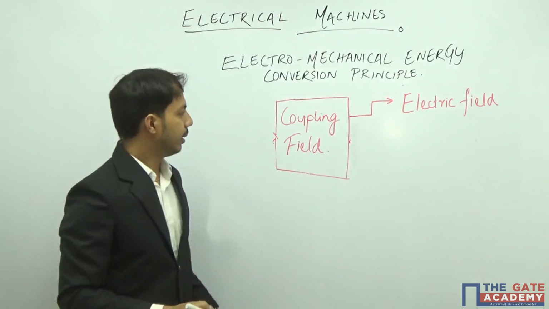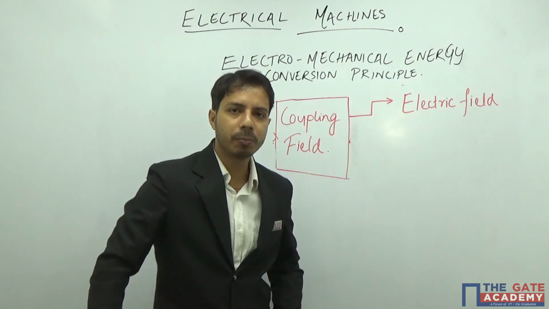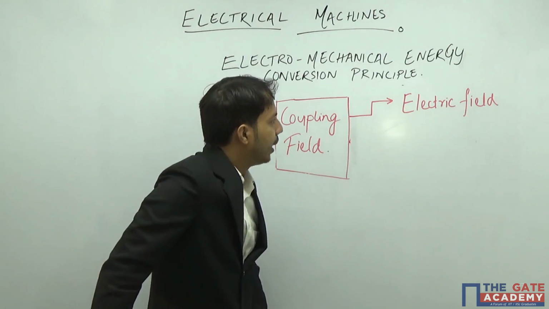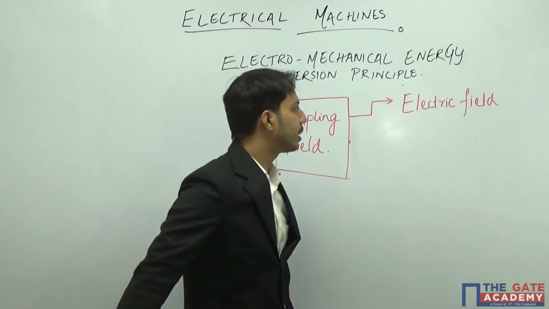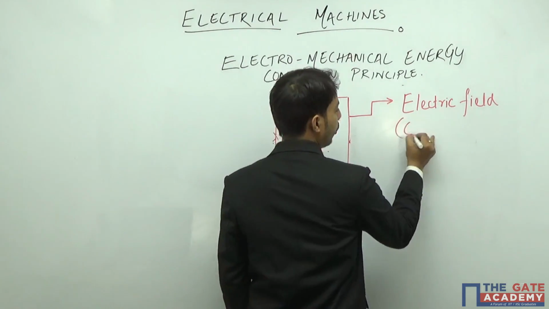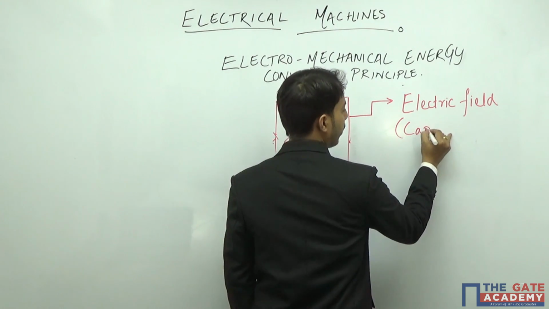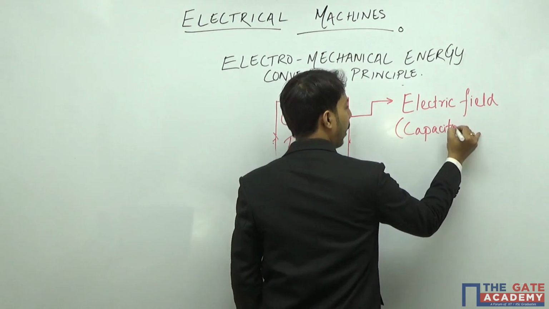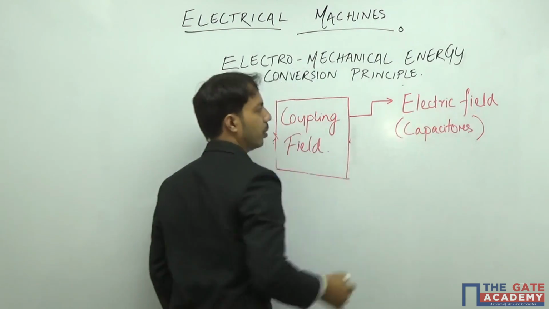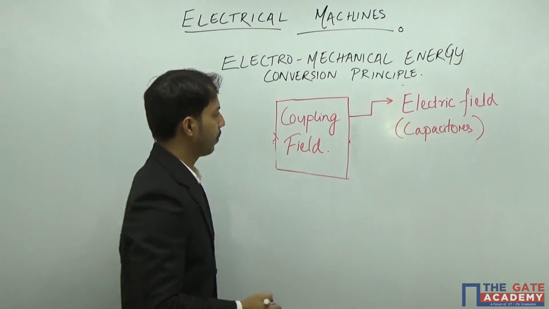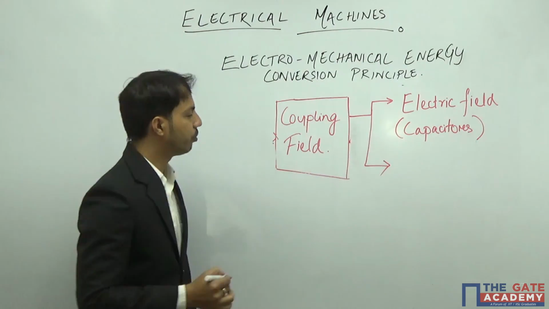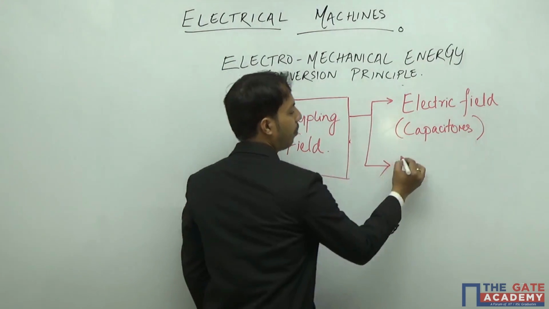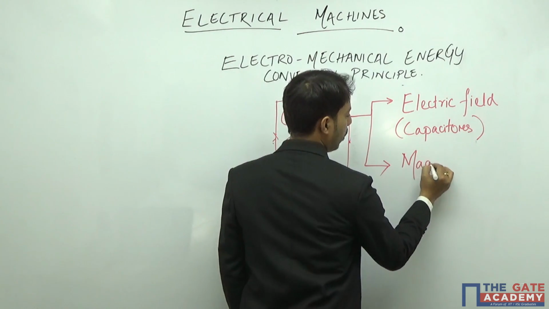It means this coupling field can be realized by capacitors, and a capacitor is nothing but an electric field. The second type of realization of this coupling field is the magnetic field.